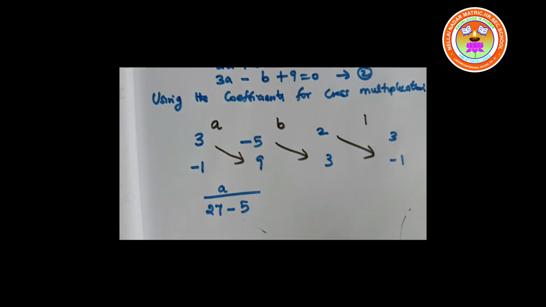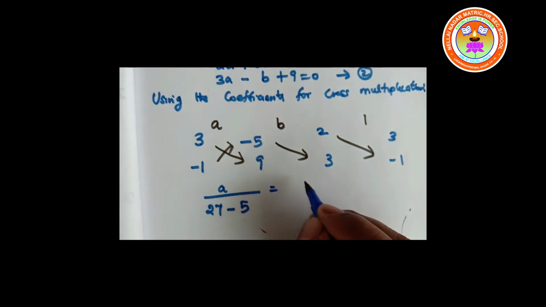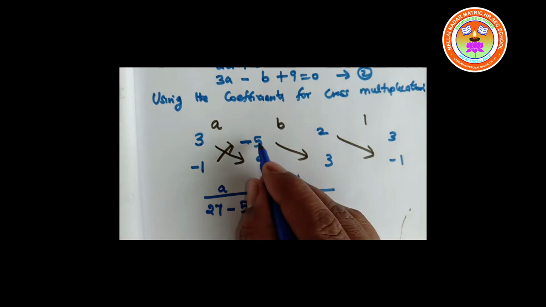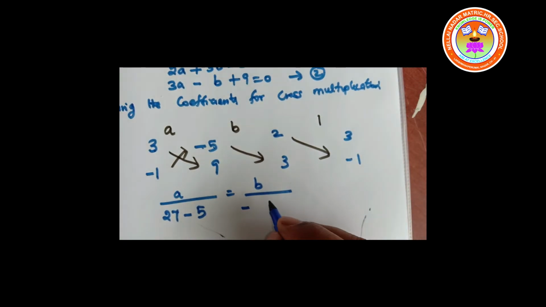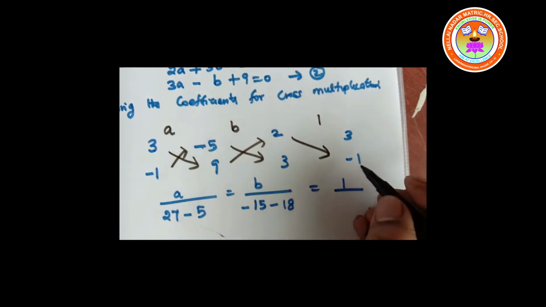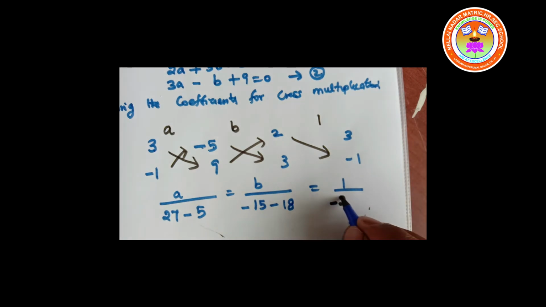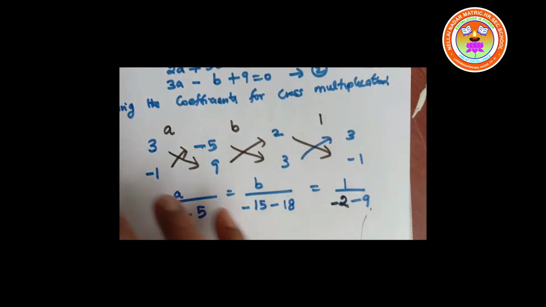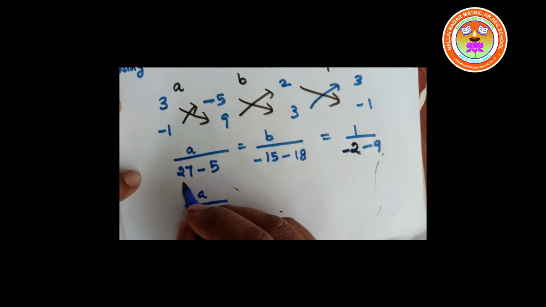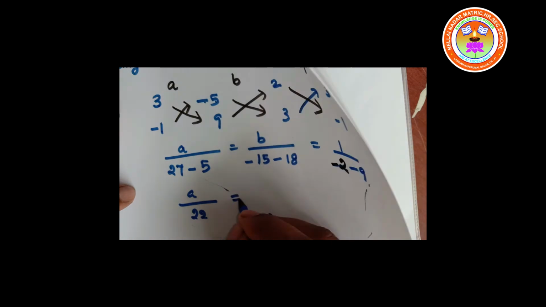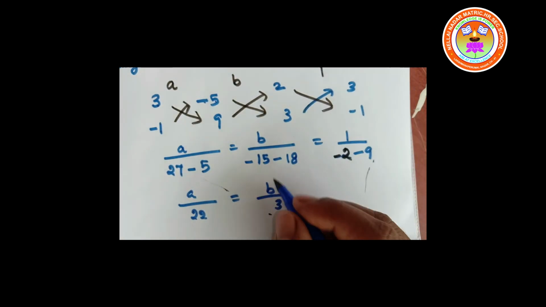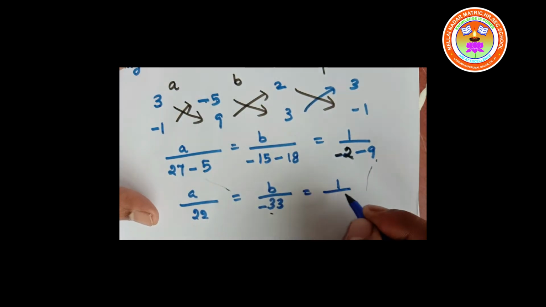Main diagonal minus subdiagonal, that is equal to b divided by minus into plus minus 5 3s are 15, minus 9 2s are 18, that is equal to 1 by plus into minus 2 1s are 2, so minus 2 plus minus 3 3s are 9. So a by 27 minus 5 is 22, that is equal to b by 8 plus 5 is 13, carry 1, minus 33, plus 1 by minus 11.